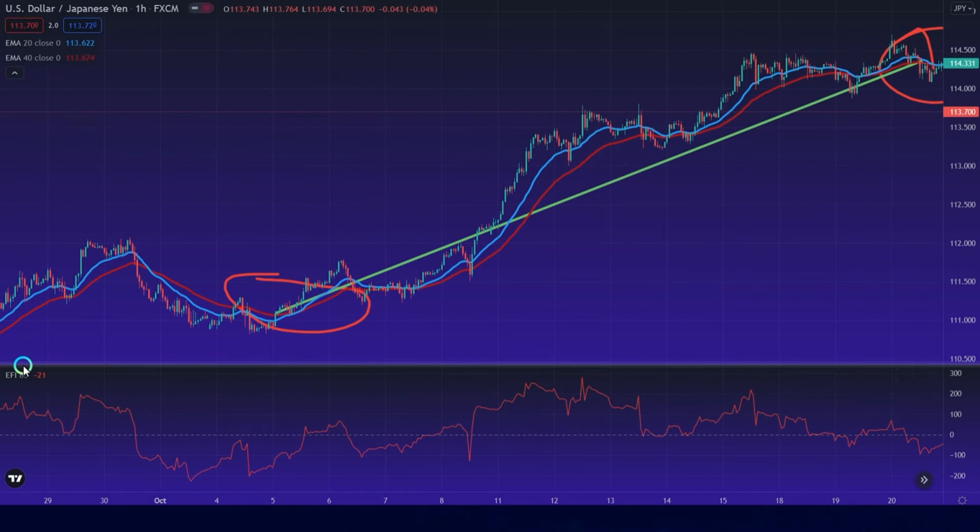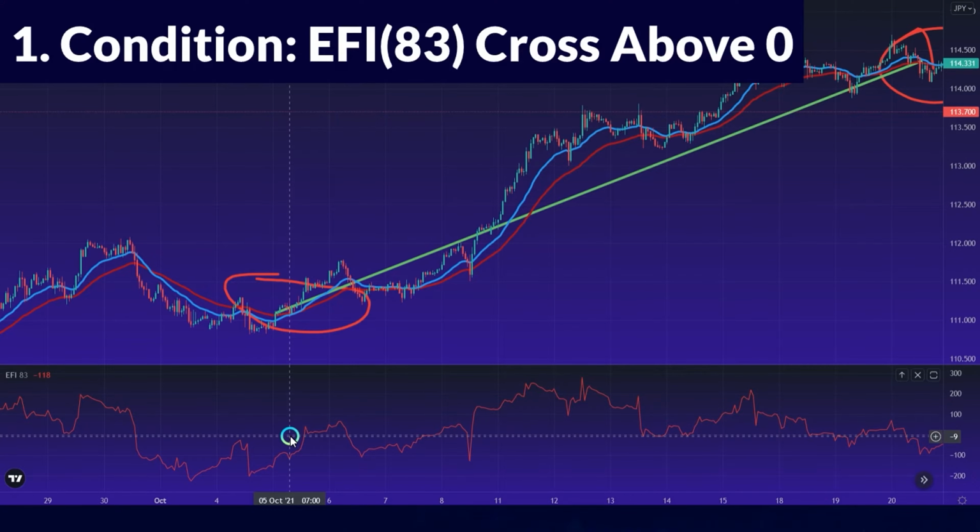And so the first condition is that when the EFI 83 period crosses above the zero line that you can find here exactly where I show you, if it crosses that, then you take a buy trade.